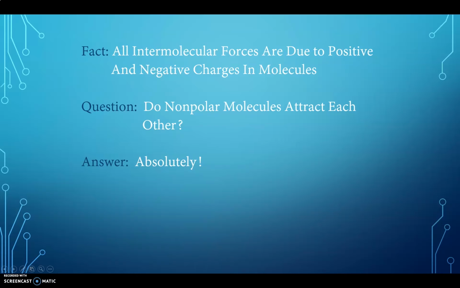If you take something like nitrogen, which is a gas, you've probably heard of liquid nitrogen before. They use it to take warts off and such. They use it to cool magnets. And the only way to get liquid nitrogen is you lower the temperature until the molecules stick together and form a liquid. If nitrogen molecules, which are nonpolar, didn't attract each other, it would be impossible to turn it into a liquid.